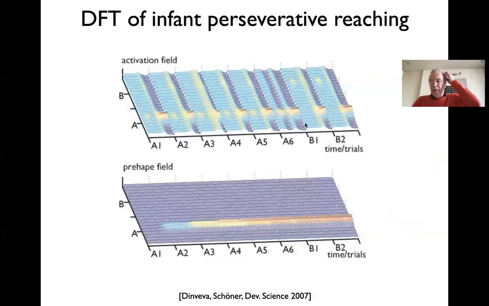So here's a series of simulation experiments that explain these data. This is an experiment with 6 A trials and 2 B trials. It's just time running, and you see here the temporal structure of this. This is the activation field. That's the memory trace. You see this is space, where the A and B locations are. For instance, here, the A1 trial, this is where the cue would come.